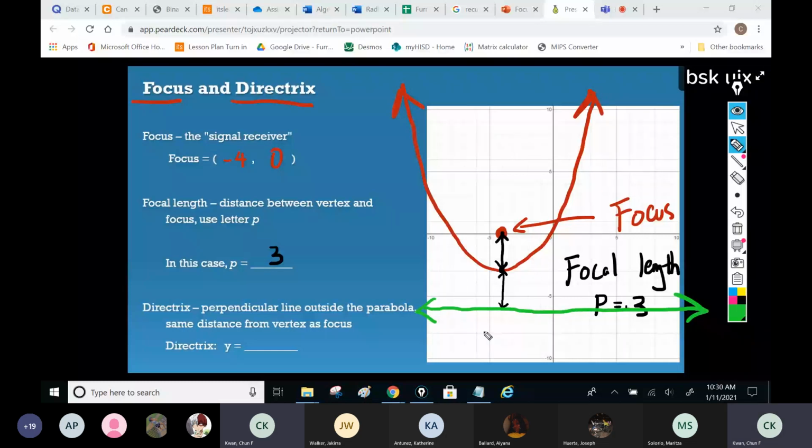I will draw a line that is the same distance away from the vertex as the focus to the vertex. So same distance, the focal length. This line that is perpendicular to the graph, I will call the directrix. This is the directrix.